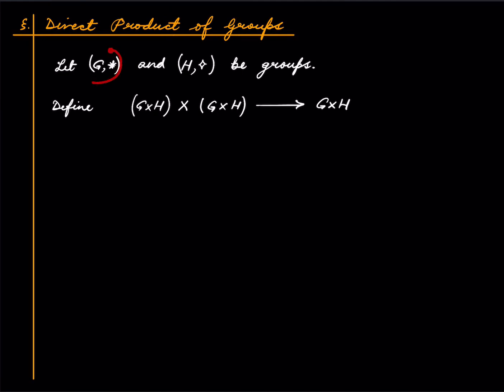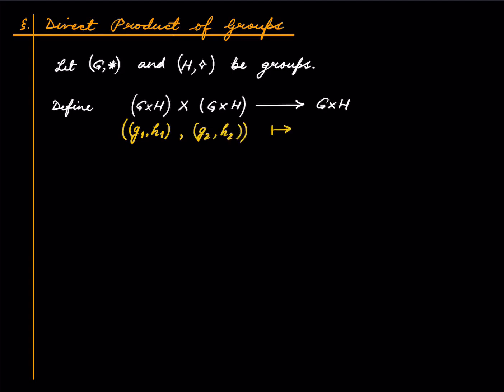So suppose we have two groups, G and H, and I have denoted the binary operations as star and diamond. Then what we want to do is define a group structure on the Cartesian product of G and H. For that, first we need to define a binary operation, and this is how we define it. We pick (G1, H1), an element from the Cartesian product, and another element (G2, H2) from the Cartesian product.